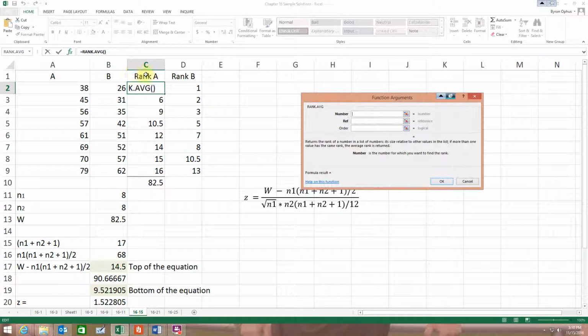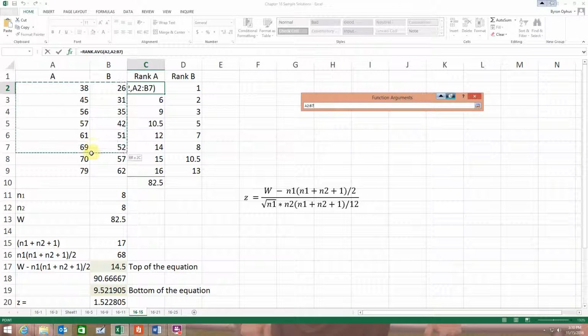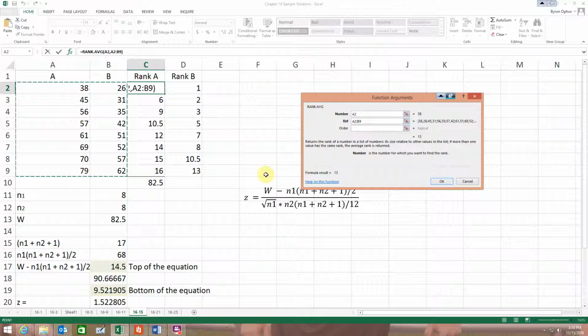So the number in this case for my rank A, I want to rank this number, so I just click on that. My reference though is going to be these 2 columns, and I can just capture both of those. But also I want to hit my F4 on there. I want my dollar signs there, and ascending will be a 0.